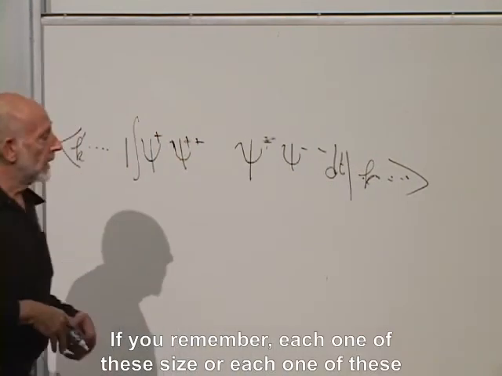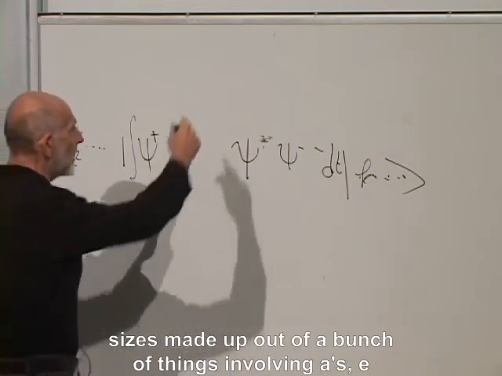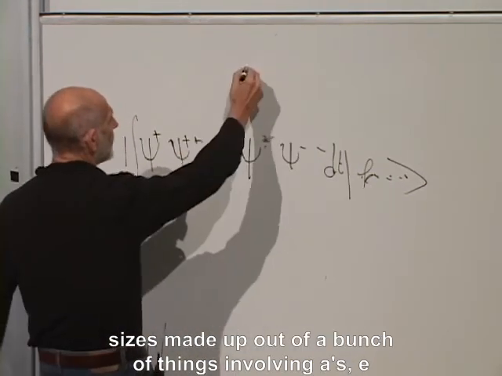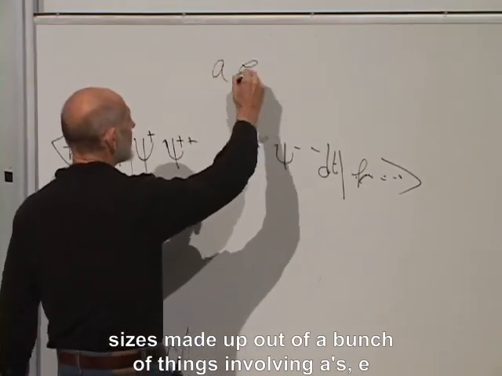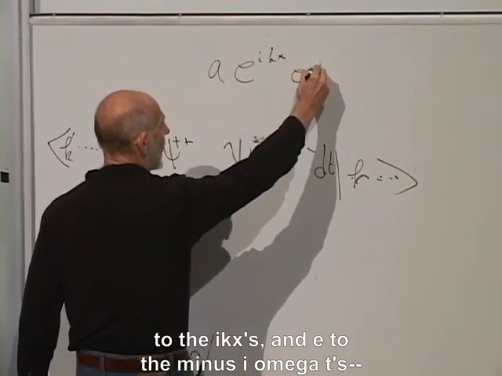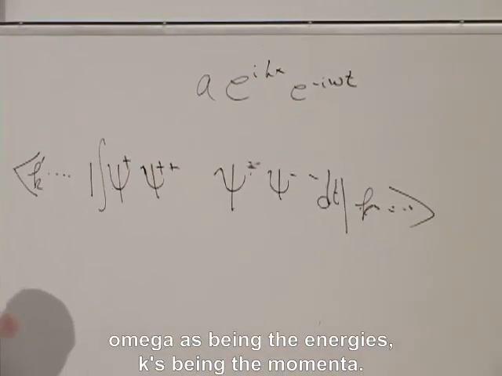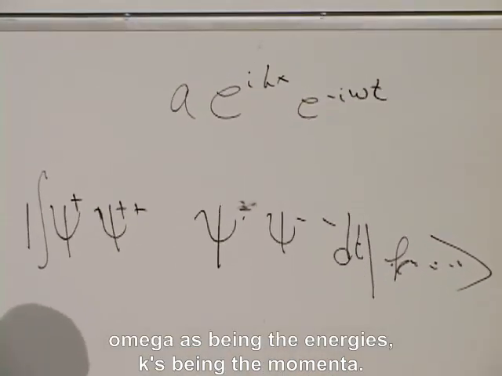If you remember, each one of these psi's is made up out of a bunch of things involving a's, e to the i kx's, and e to the minus i omega t's. Omegas being the energies, k's being the momenta.